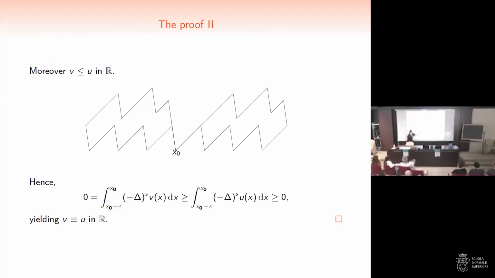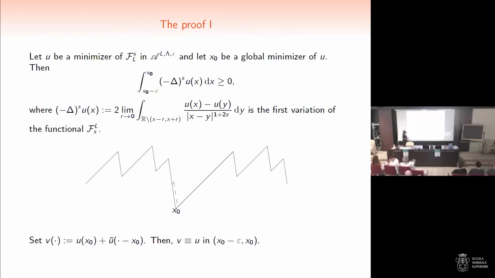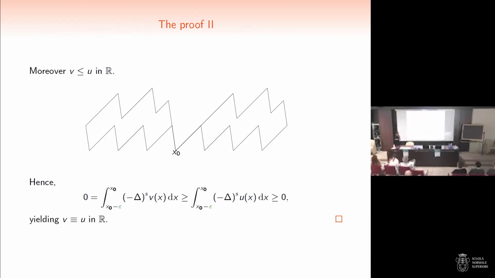But by symmetry reasons, this average is equal to 0. So this chain of inequalities is actually a chain of equalities, and v should coincide with u. So I have just proven that the only minimizer of the energy in this class is given by this function u bar here. Okay, so this is our proof.